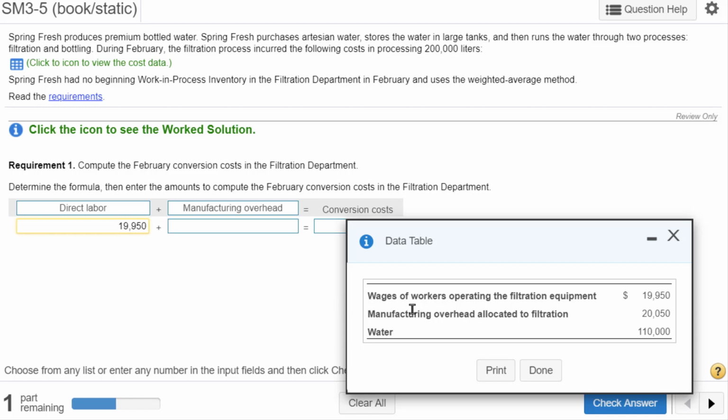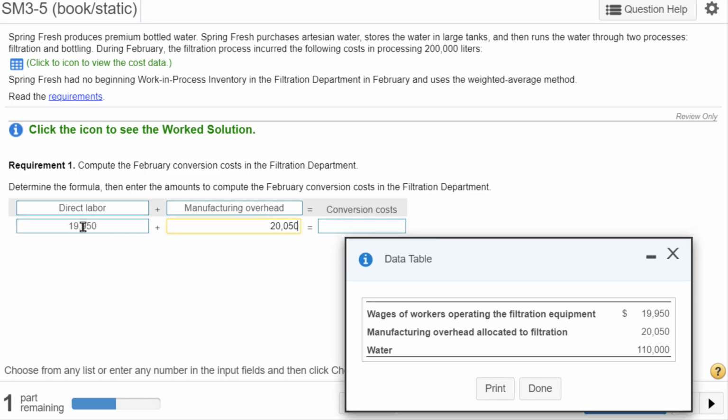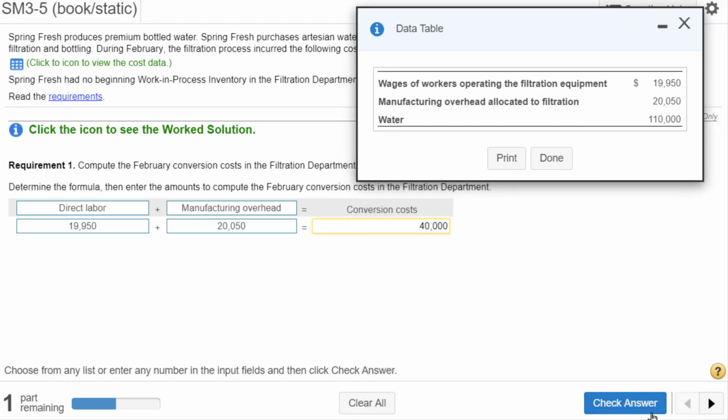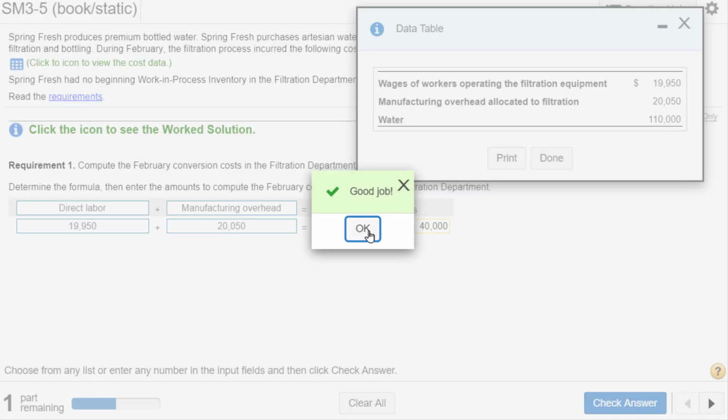And which one is overhead? Manufacturing overhead, right here, $20,050. So we're going to add $19,950 plus $20,050 and get our conversion cost of $40,000. Check our answer.